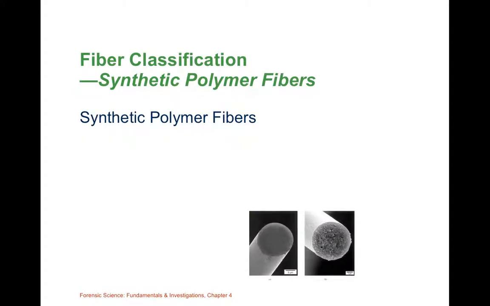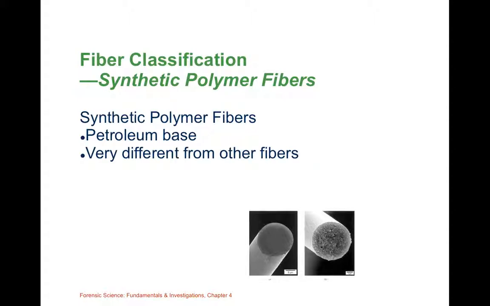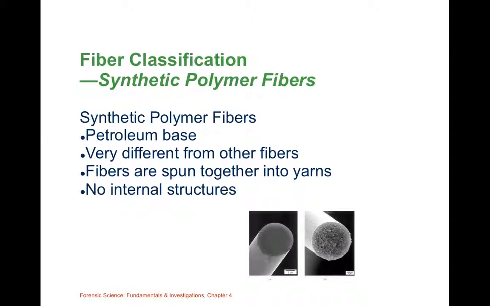Okay, I want to talk about synthetic polymer fibers. These are petroleum or oil-based fibers. They are very, very different from other fibers. These fibers are spun together into yarns, and there is no internal structure.